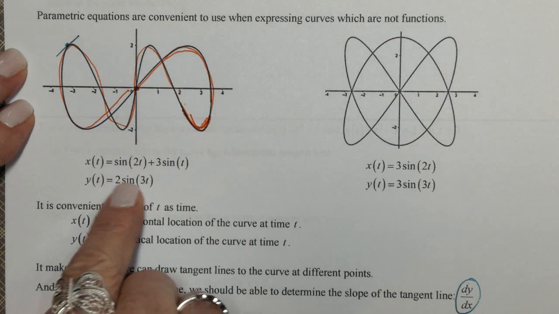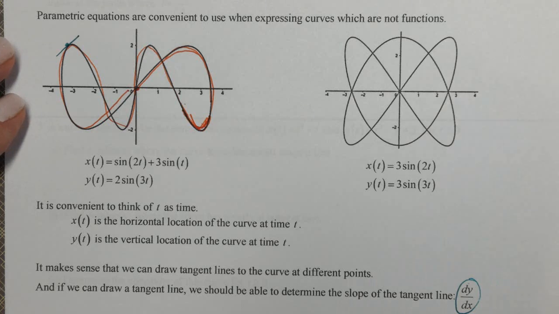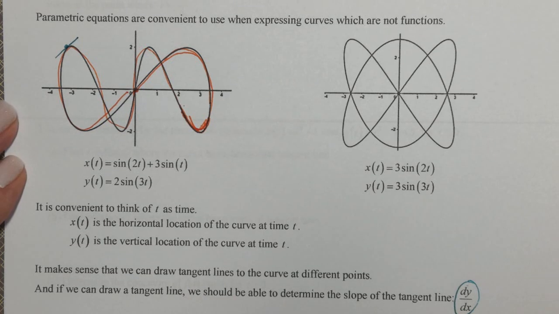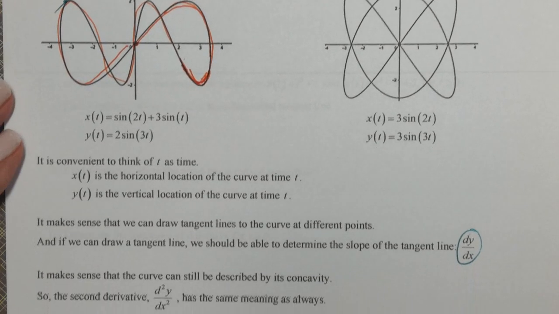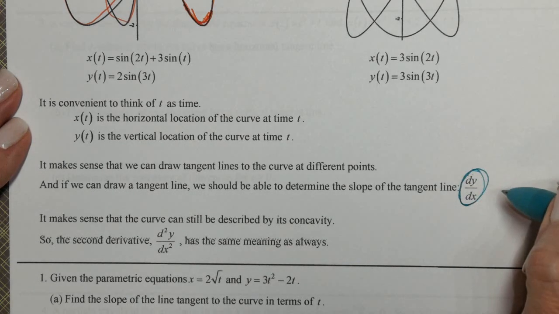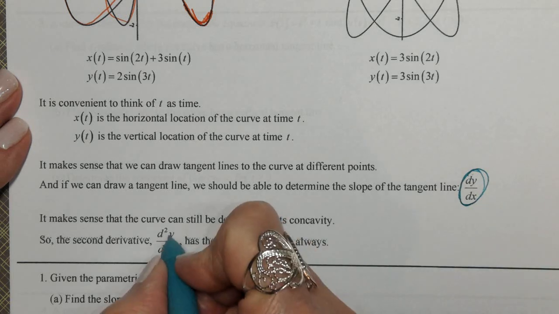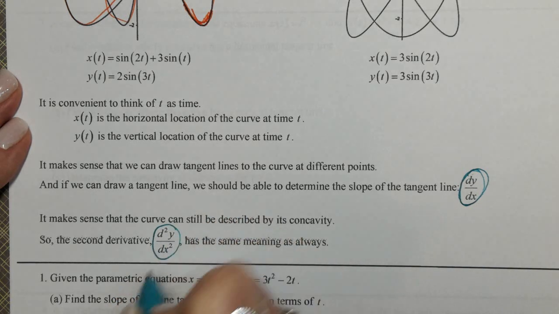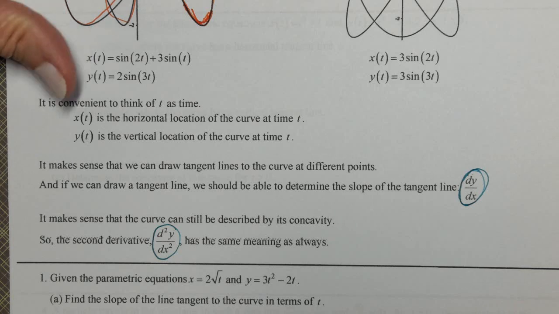In general, these curves with trig functions oftentimes repeat themselves after a certain t value. So that's what we're going to be doing in this section. We're going to be finding the slope of the tangent line, and we'll be able to determine the concavity of the curve.